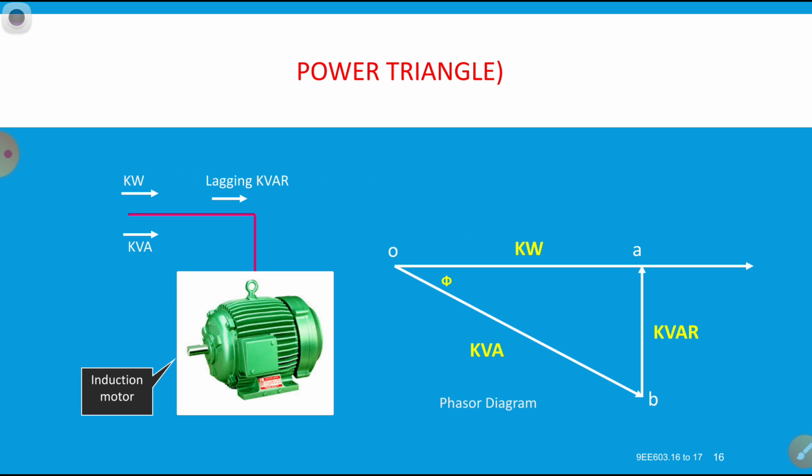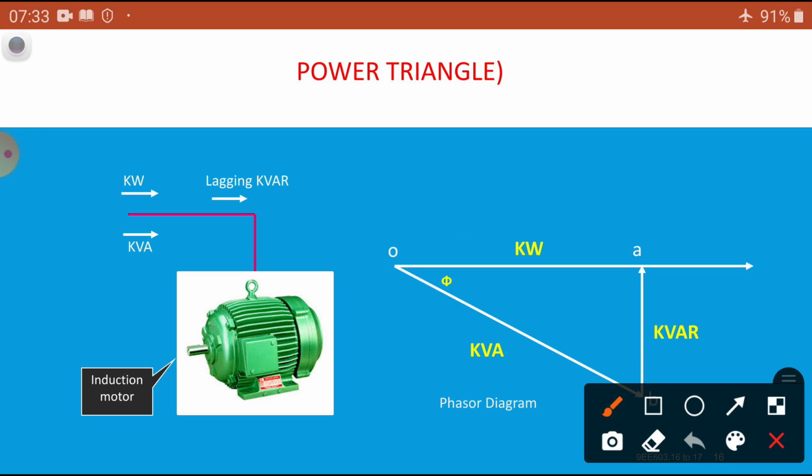Now, these are some of the theoretical parts. We can see it mathematically in the next class. So here you can see, for example, the kilowatts taken is the active power, and the reactive power taken is this one.